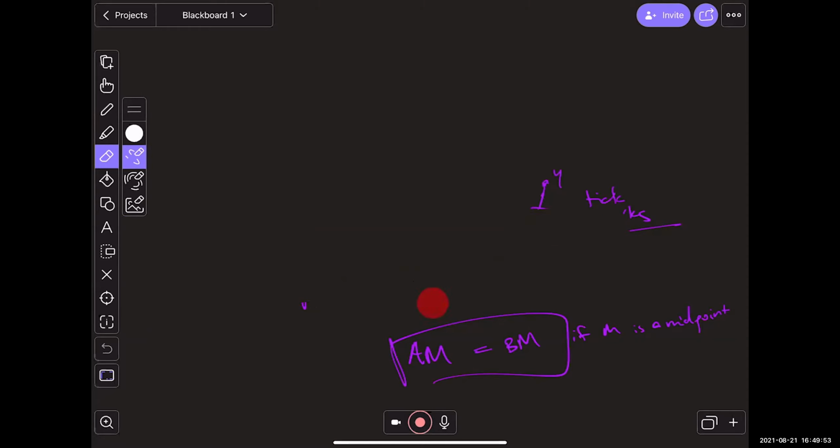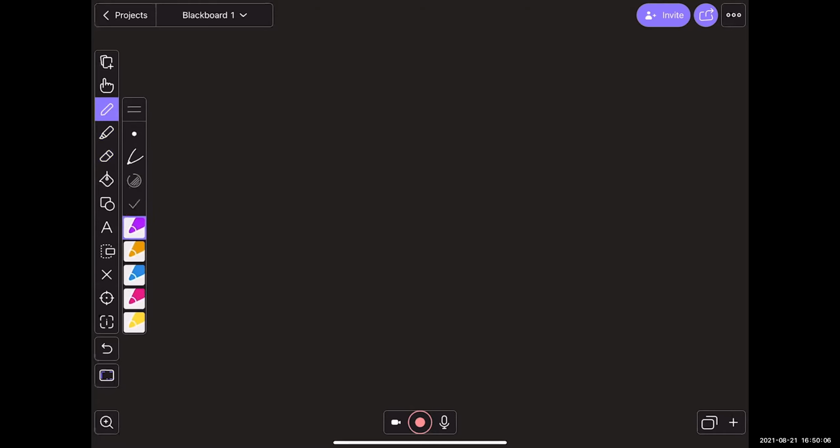All right, so those are what tick marks are. We've talked about midpoint. One more word is equidistant. Equidistant just means that a single point is equal distance away from 2 other points. This is basically another word for midpoint.